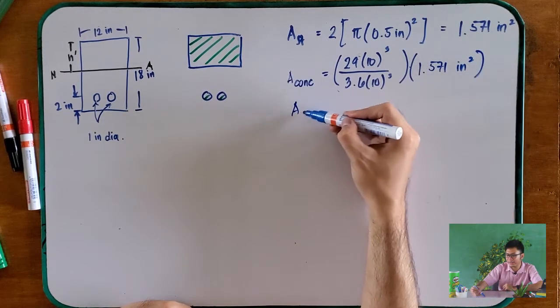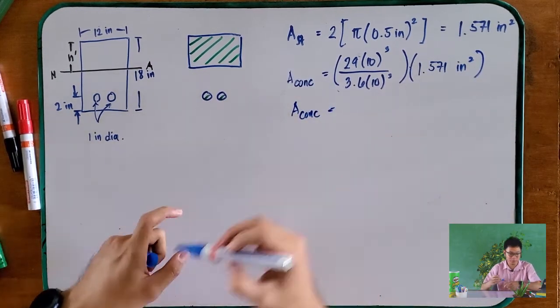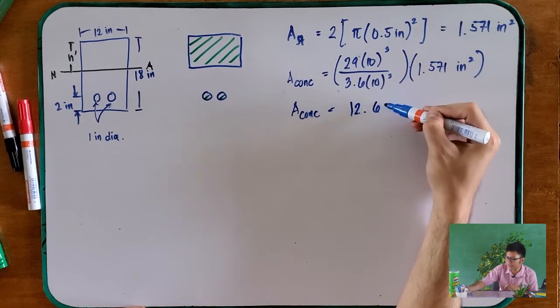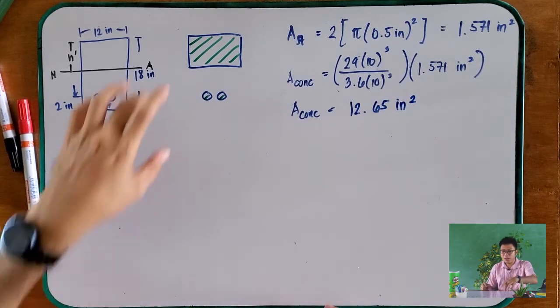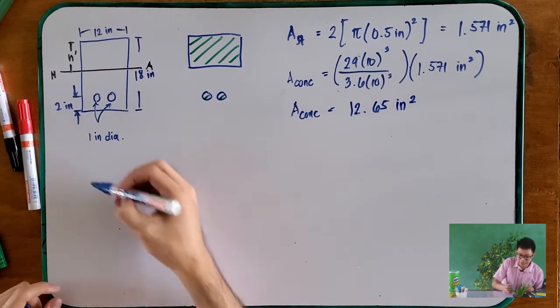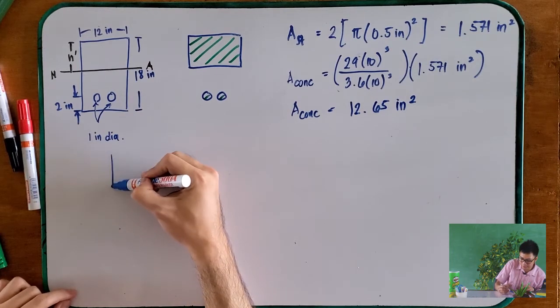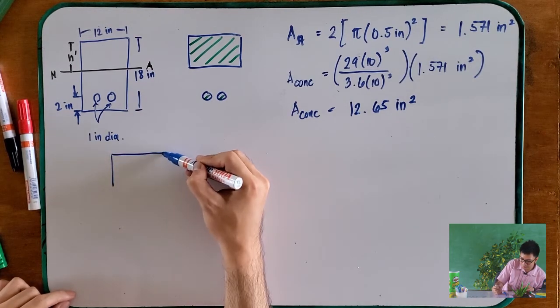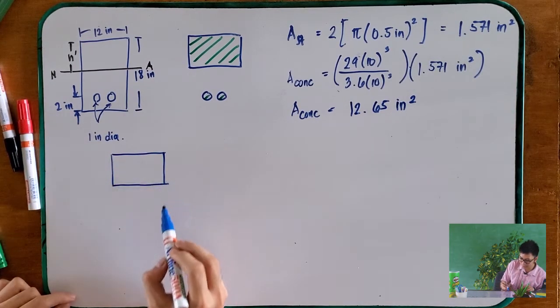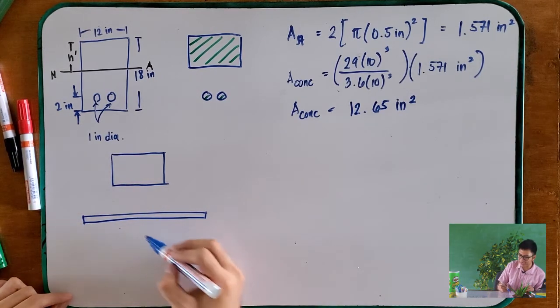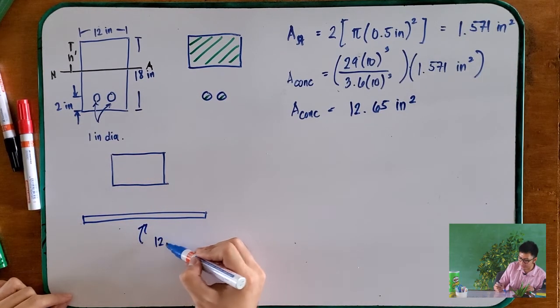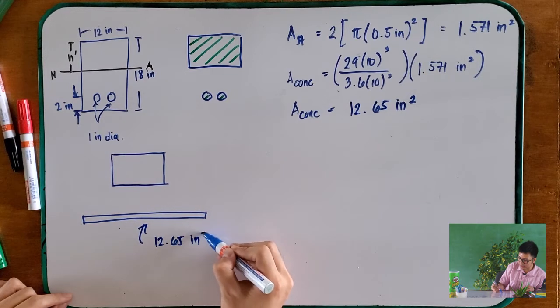And therefore, the transformed area of the concrete is equal to 12.65 inches squared. So this has been converted, and it becomes like this. And this area is 12.65 inches squared.